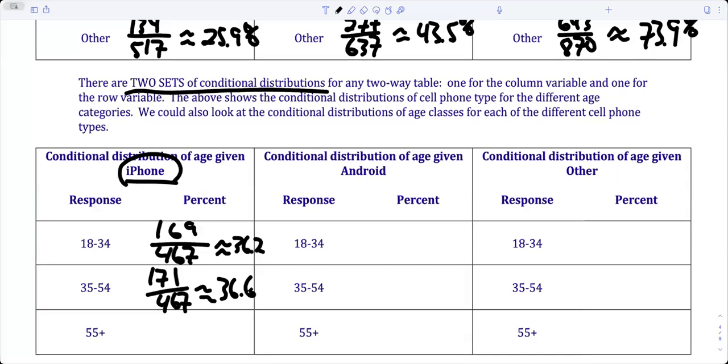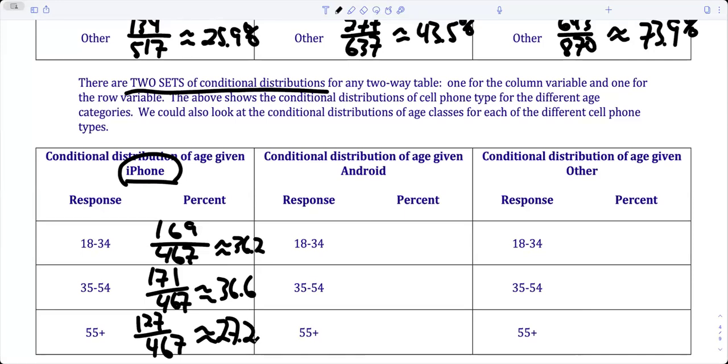And then the 55 plus, we've got 127 out of 467, which is 27.2. Let me do one more here and then I will let you finish the table.